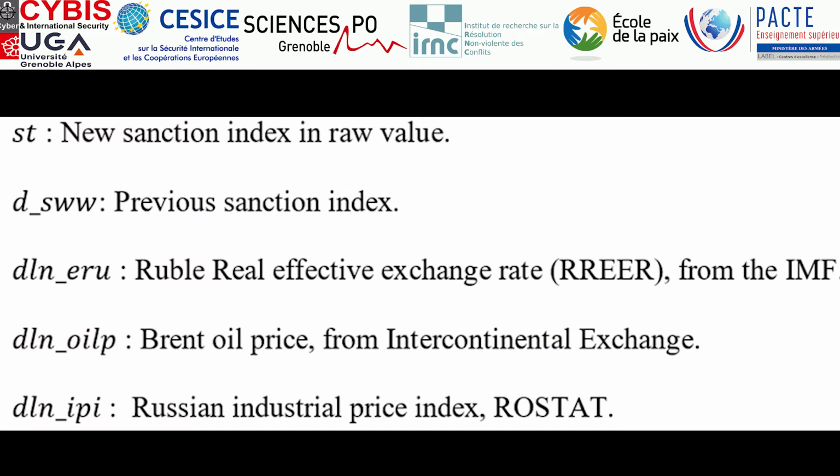All variables are stationary. We have, of course, the new sanction index, the previous sanction index, the ruble real effective exchange rate from the IMF, Brent oil prices from Intercontinental Exchange, and the Russian industrial price index from Rosstat, which will be used as a proxy of the Russian GDP.